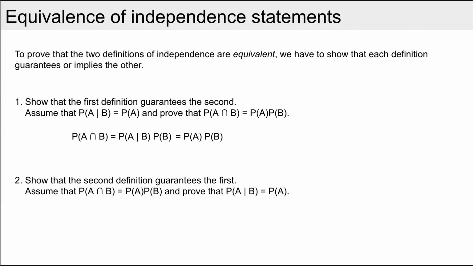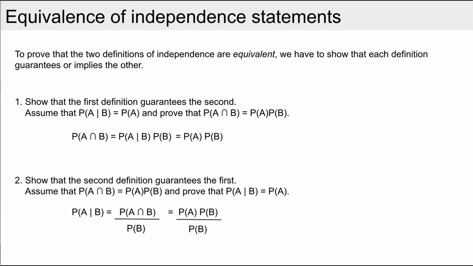Next, let's show that the second definition of independence guarantees the first. That is, let's assume that the probability of A and B equals P(A) times P(B), and prove that the probability of A given B equals the probability of A. To begin, by the definition of conditional probability, the probability of A given B equals the probability of A and B divided by the probability of B. But by our assumption here, the probability of A and B equals P(A) times P(B).